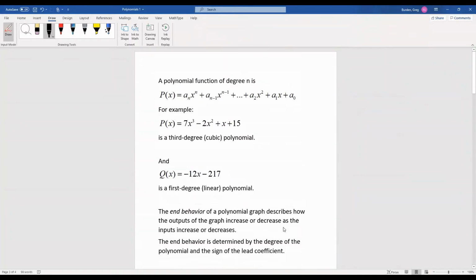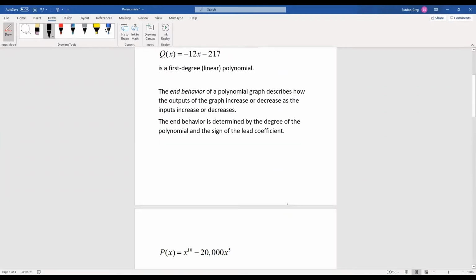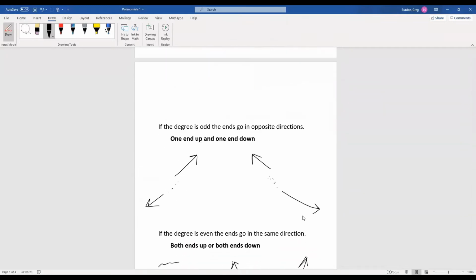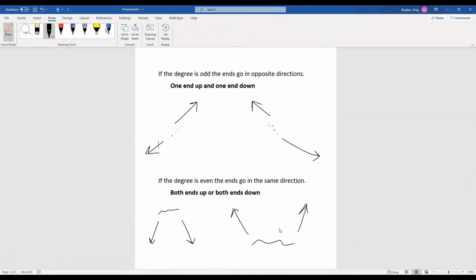So for example, we might look at this one. I sort of danced around it, but never really came right out and said it. This one here, one end up and one end down, that's going to be the case if it's odd degree. The lead coefficient will tell you which one of these two situations we're dealing with, and same thing for the even degree function. And really, you already know that because you know about slope and you know about the concavity of parabolas.